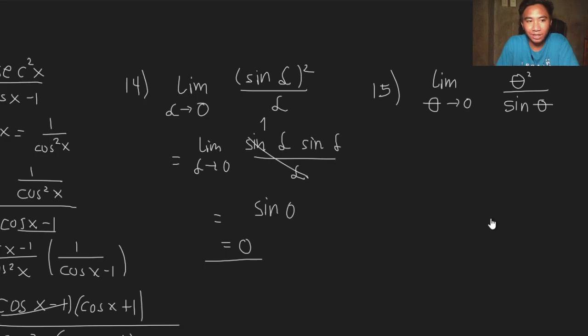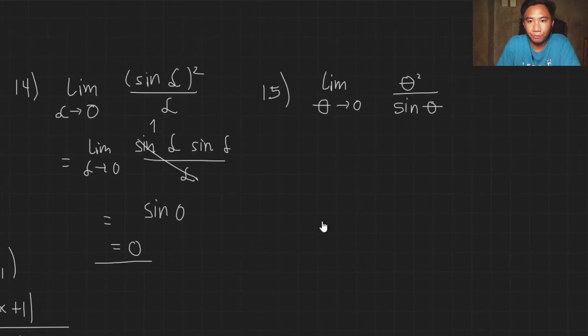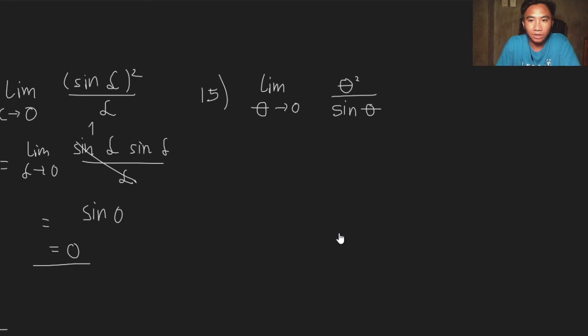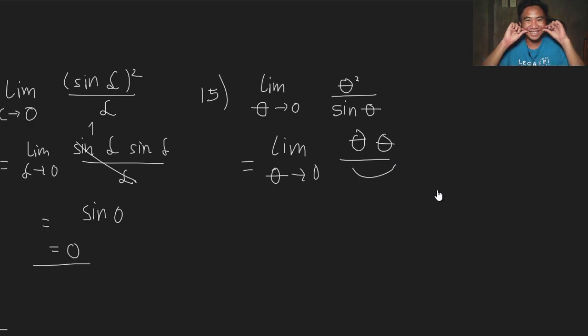And last but not the least is the limit of theta squared all over sine theta as theta approaches to 0. So, simply, as theta approaches to 0, ang gagawin natin is pag-iwalayin natin theta. Yan, sine theta.